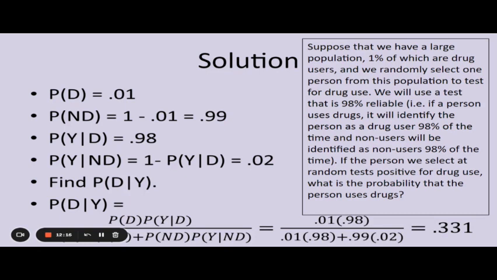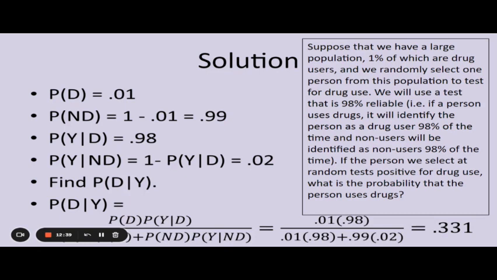Okay, the third line, probability that I wrote yes for test positive. So you tested positive given you're a drug user. Well, that's what they told us with the 98% reliability. So the probability that you tested positive given you're a drug user is 98% or 0.98. The probability that you tested positive given you're not a drug user.